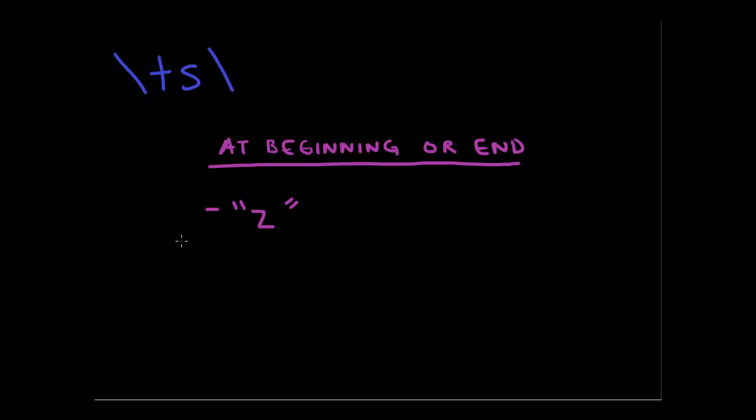Examples at the beginning: Zwittereien, also Zwinger. Notice how it's the TS sound at the beginning, Zwinger. At the end, Ersatz, or Fakultanz.